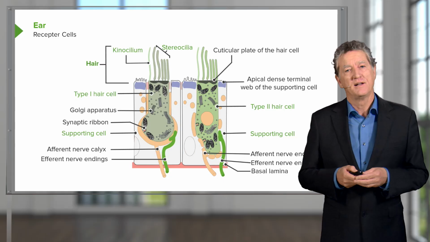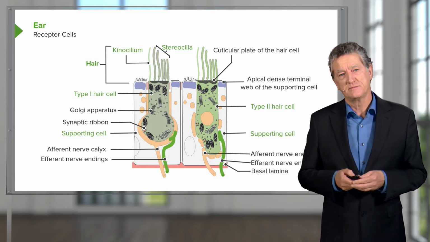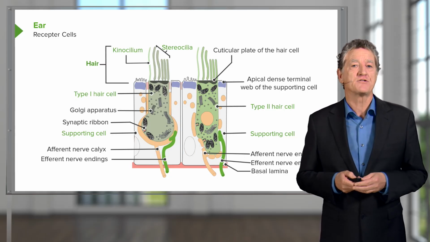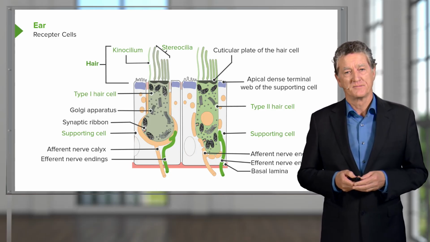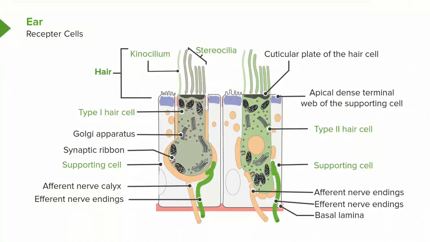They differ in the organ of Corti in one way that I'll mention at the end of this slide. But essentially they're very similar. Type 1 and type 2 hair cells, I'm not going to really talk about any functional difference between these cells, but you can look at the slide and know that they're structurally different. The type 1 hair cells have a more flask or bulbous type of appearance or shape. The type 2 hair cells have a more elongated shape.